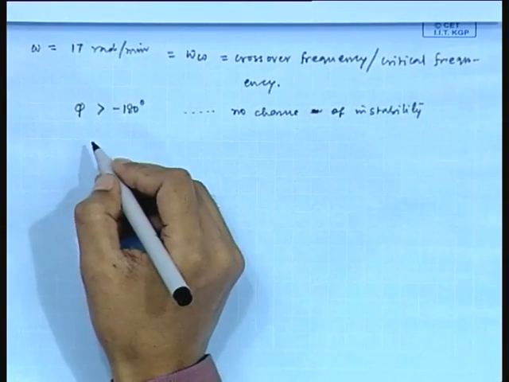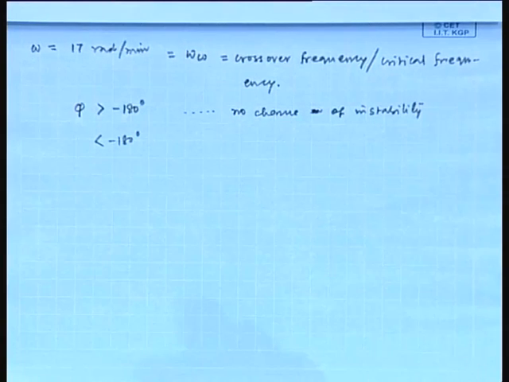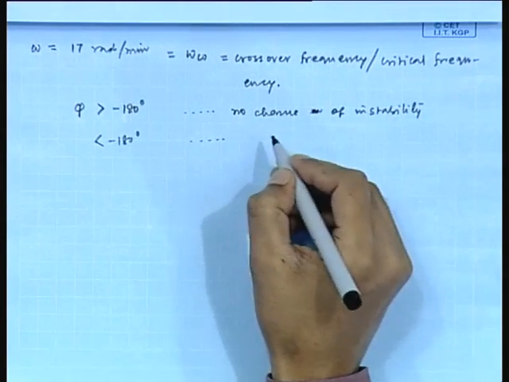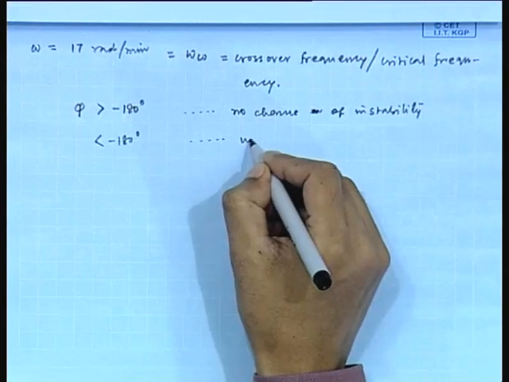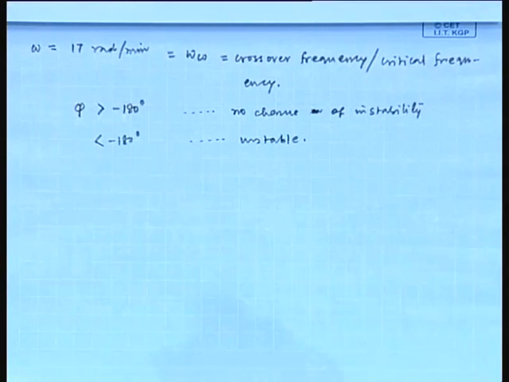Only when phi is less than minus 180 degree, then there is a probability of instability, I mean, that is unstable system. Therefore, we can say that phi equals minus 180 degree, that is critical value.